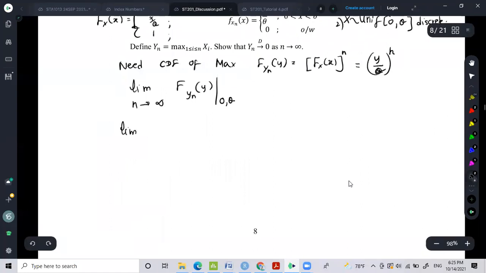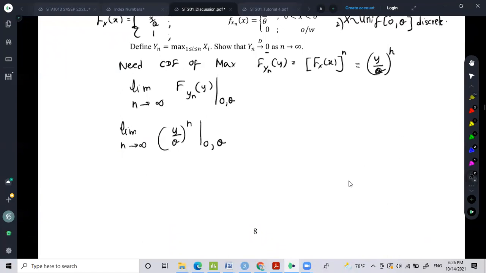Anyway, you have to take n downstairs, otherwise you can't get 0, because it converges in distribution to 0. So you have to have this limit going to 0. That is what we have to show. So we have the limit of this, (y over theta) to the power n. You have to take this n somehow downstairs. Okay, so what do we do?